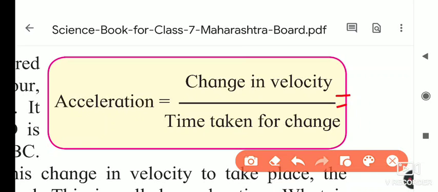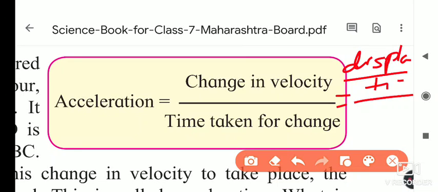So what is its formula? Displacement, I am writing in short, displacement upon time, and the time taken to change, T for time. What is the unit for displacement? The unit for displacement is the meter.